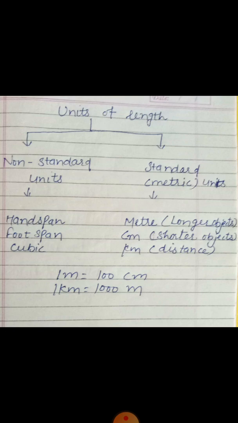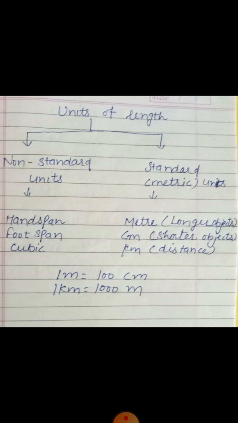That's why we use standard units, that are meter to measure the length of longer objects, centimeter to measure the length of shorter objects, and kilometer to measure the distance from one place to another. And remember, there are 100 centimeter in 1 meter and 1000 meter in 1 kilometer.